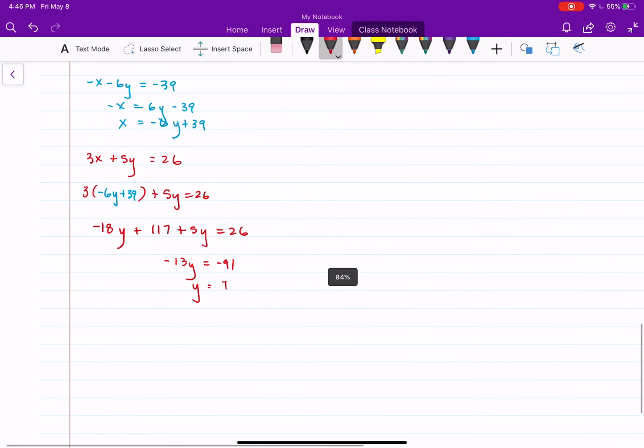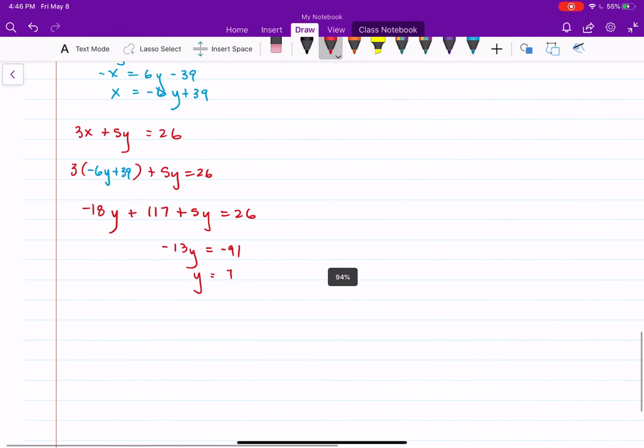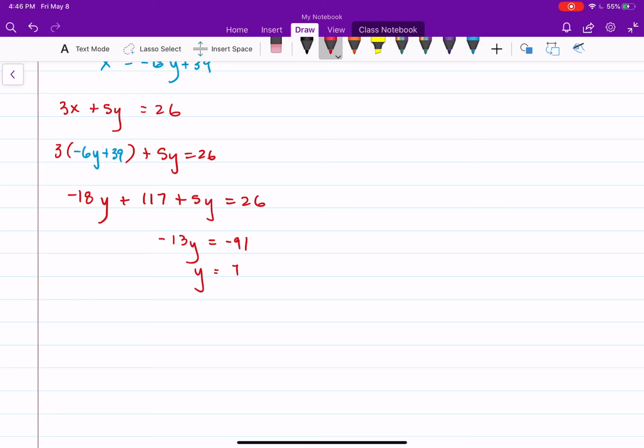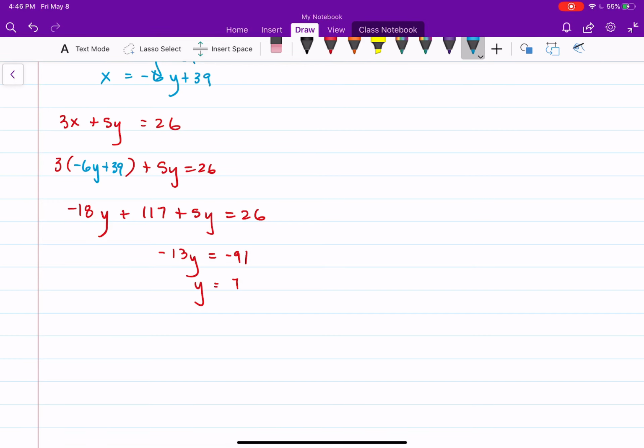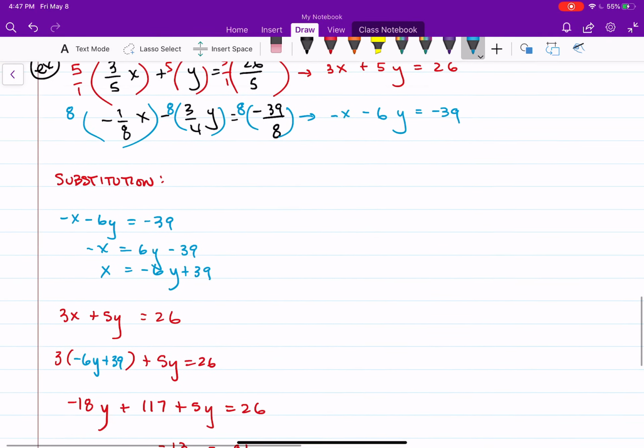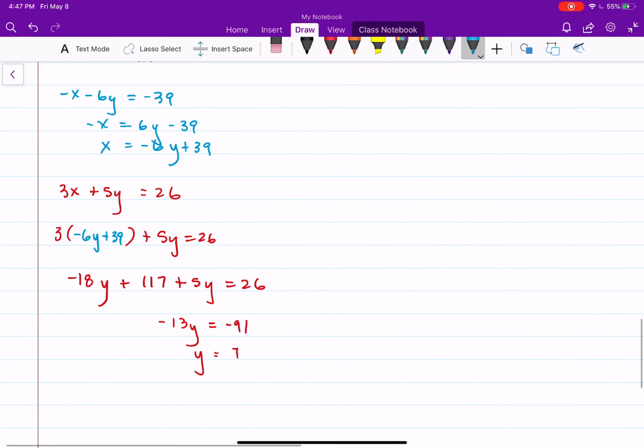Okay? So if I do that, now I got to just pick one. Whichever one I pick doesn't really matter. Let's pick the blue one back up. So the blue one is negative x minus 6 times a 7 is equal to negative 39.